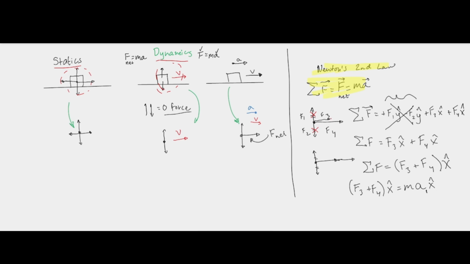So I don't even have to consider those because F net in the up and down direction is 0. The only F net that is some value other than 0 is going to come from these rightward pointing forces. We can then analyze the forces and we can set them equal to the mass times the acceleration because that's what the net force is equal to according to Newton's second law.